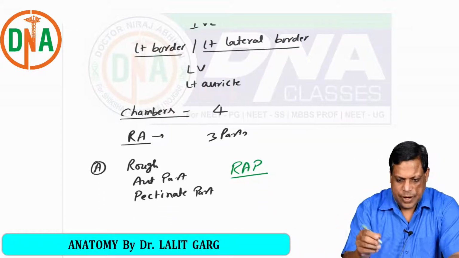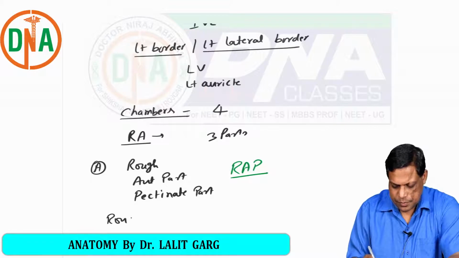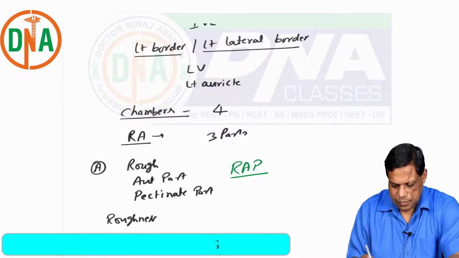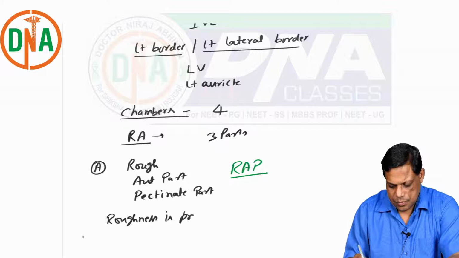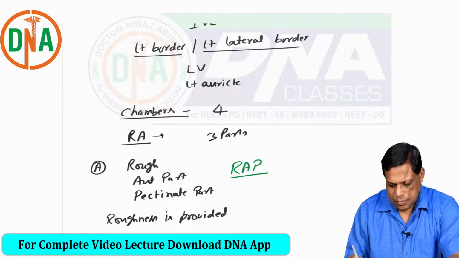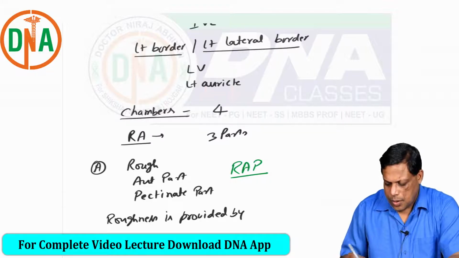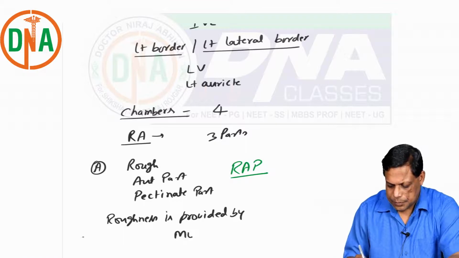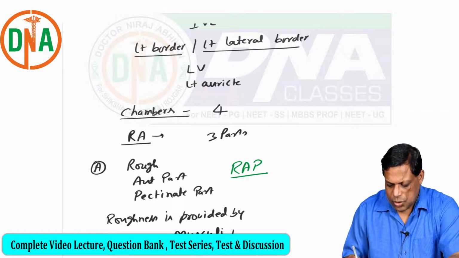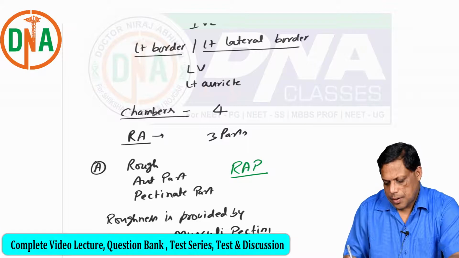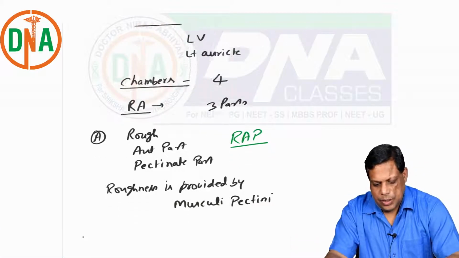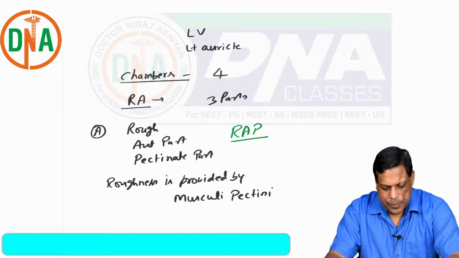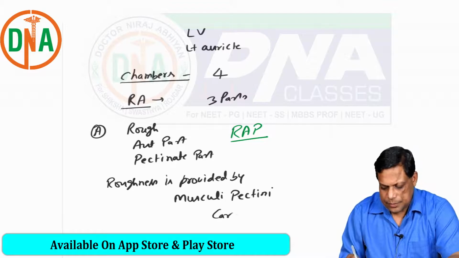The roughness is provided by musculi pectinati. These musculi pectinati are the cardiac muscle.